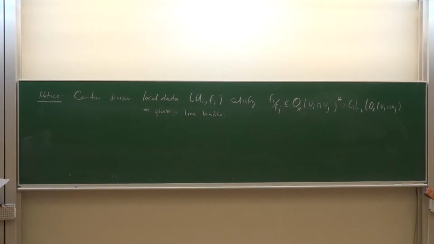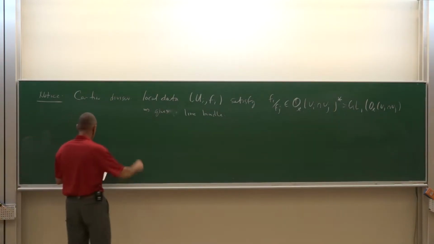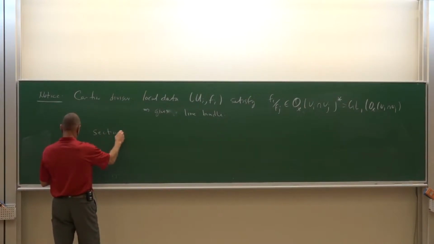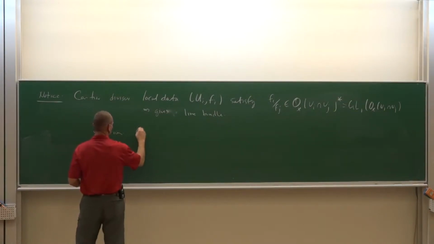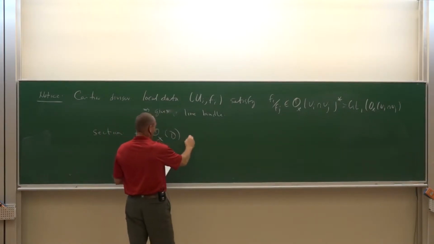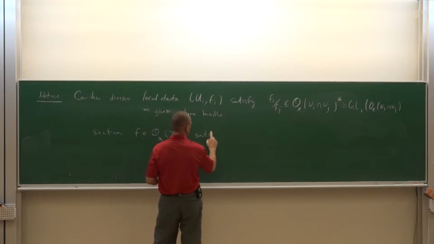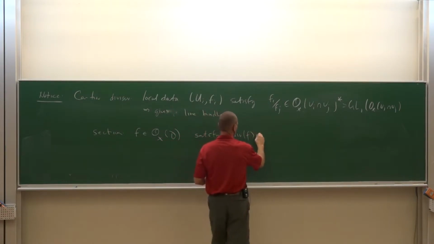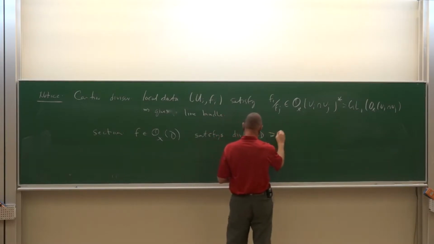In particular, I want to say just a little bit more about this line bundle, about the divisor of sections. A section f, an element of O_X(D), satisfies, we know, that div f + D is greater than or equal to 0.